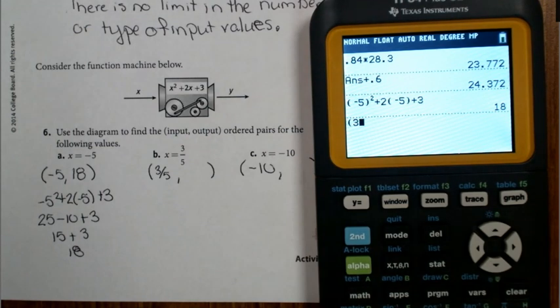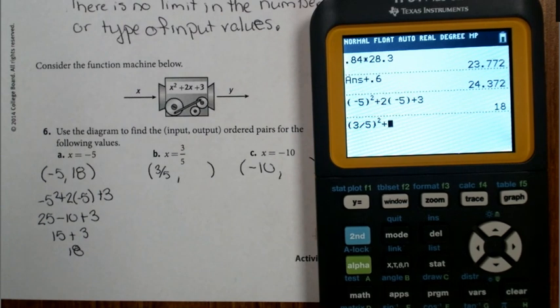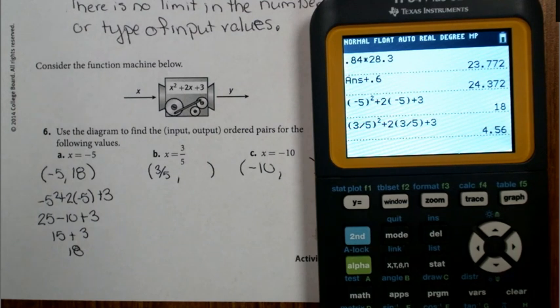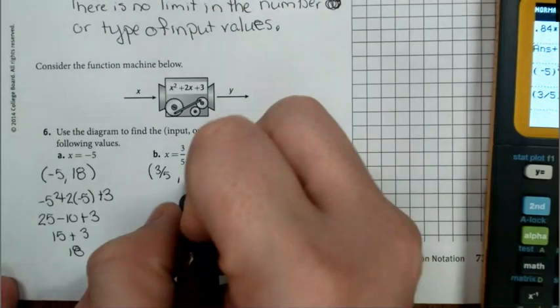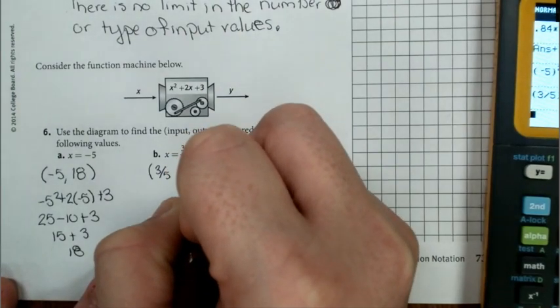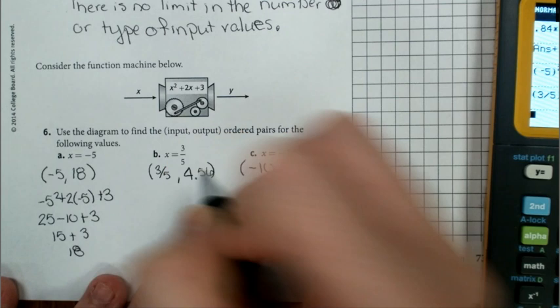So now we're going to take 3 over 5 squared plus 2 times 3 over 5 plus 3. 4.56. Let's take a look at that.